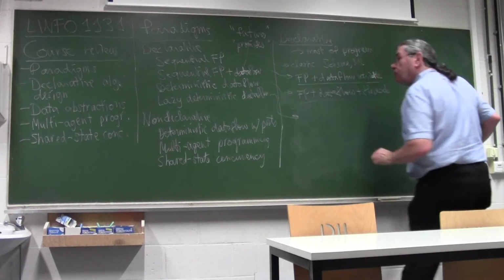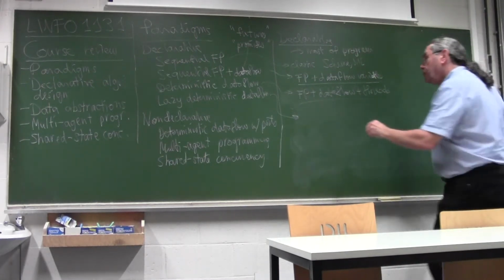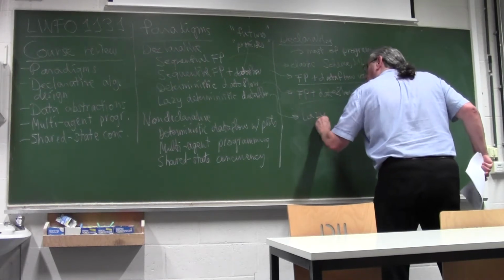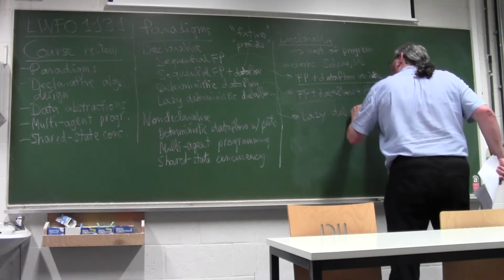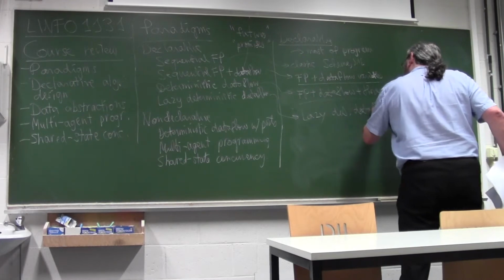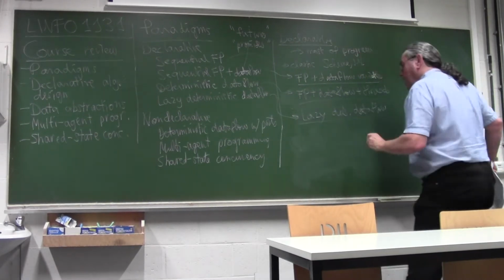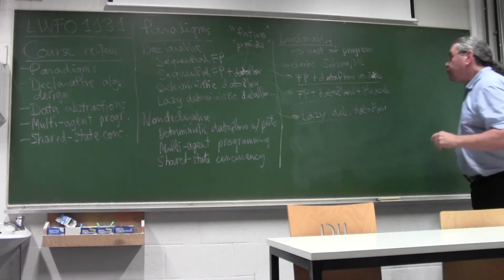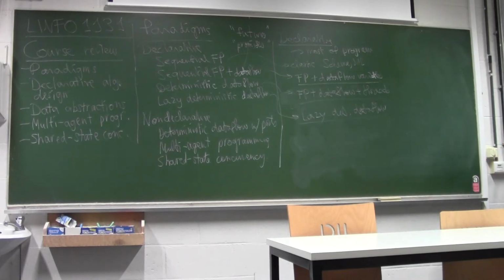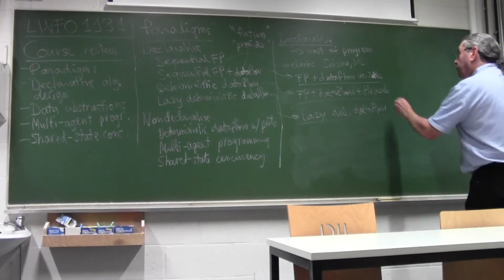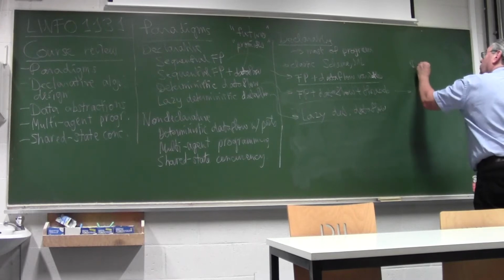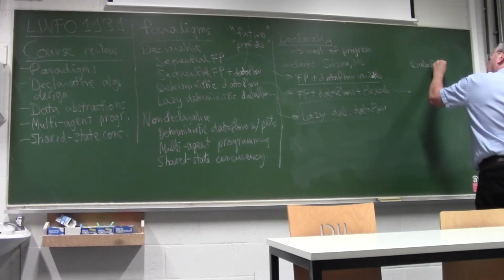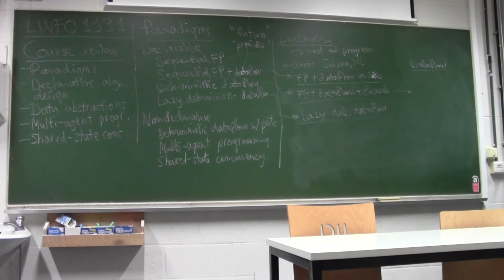So the lazy version of this adds demand-driven evaluation. It adds an operation to the data flow. For example, let me explain how the data flow works in the usual deterministic data flow semantics.